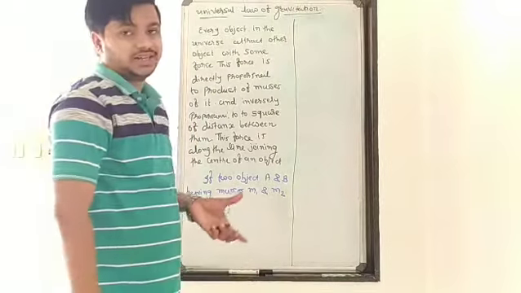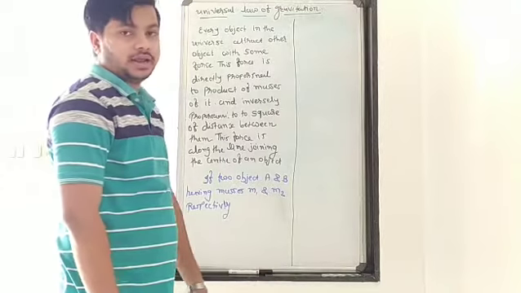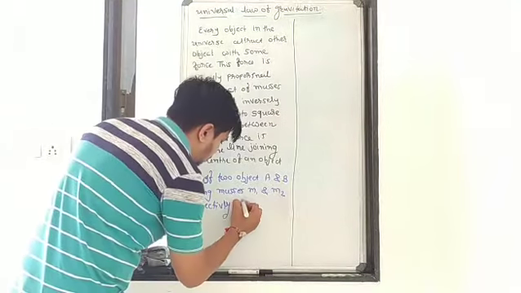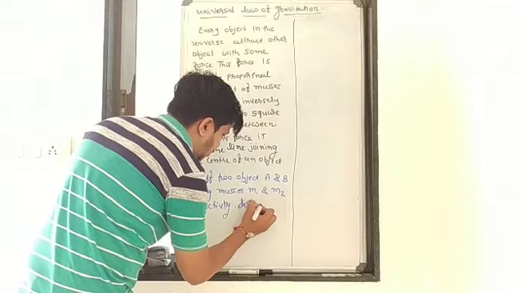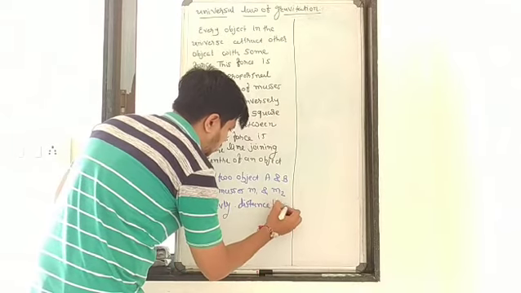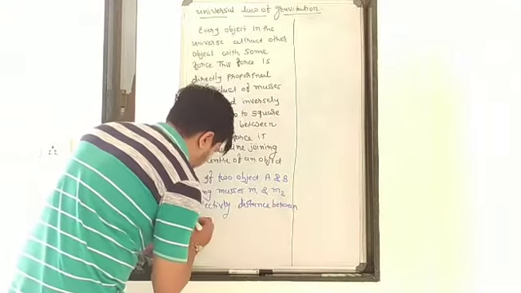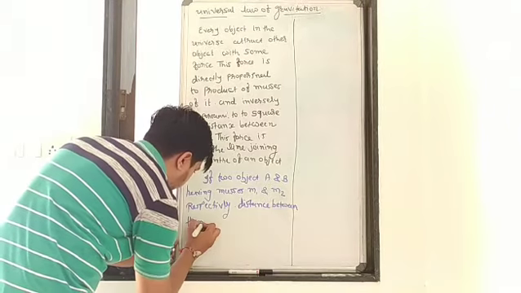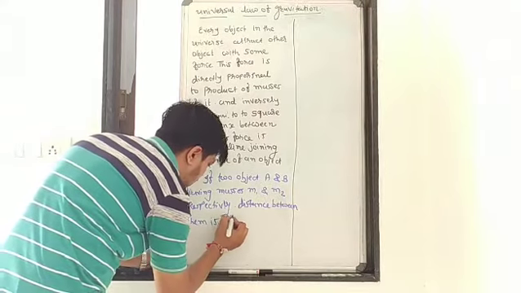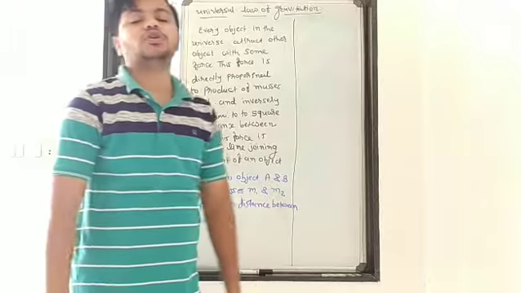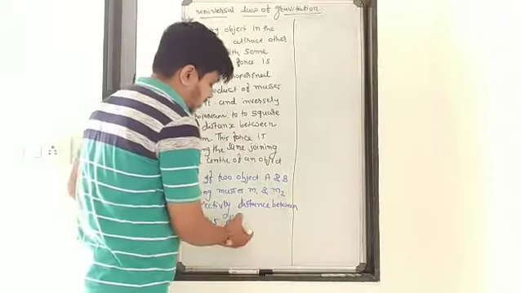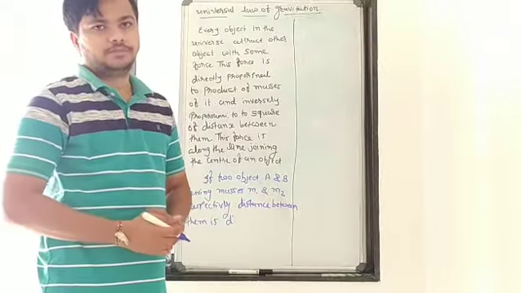There are two objects A and B which have masses m1 and m2. The distance between both of them, we are just taking the distance as B.